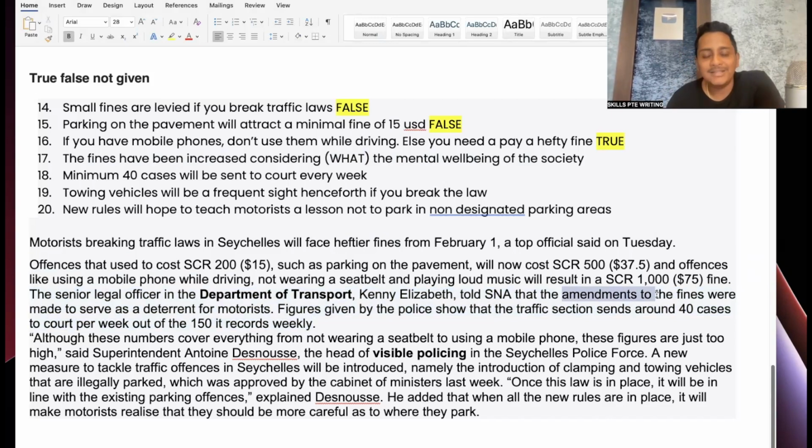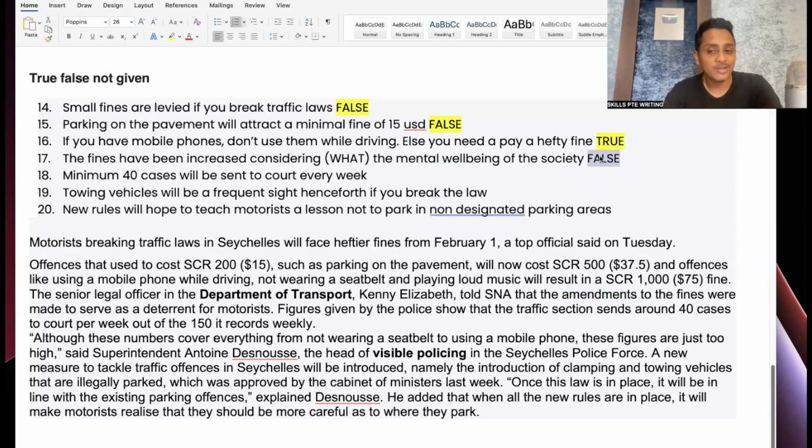The amendment changes to the fines were made to serve as a deterrent for the motorists, to stop them from doing something, not for the mental well-being of society. False.